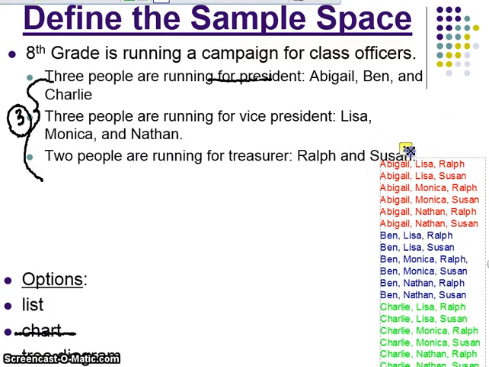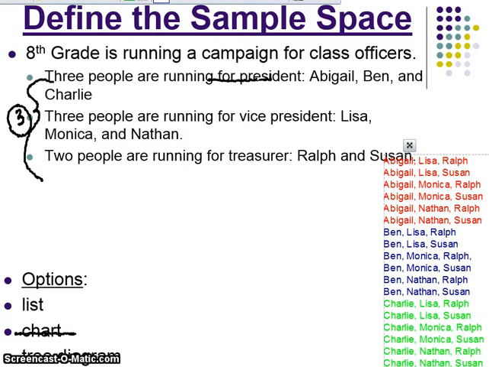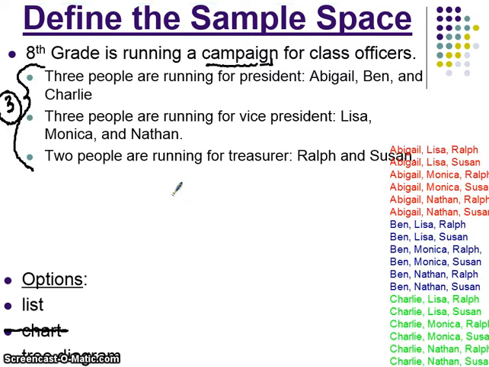Now, that same list can be shown as a tree diagram. We would again be showing the 3 choices. We would list them at the top of where we want our tree diagram to be. So our first choice is for president. So I would write president here. Our second choice is for vice president, and our third one is for treasurer.